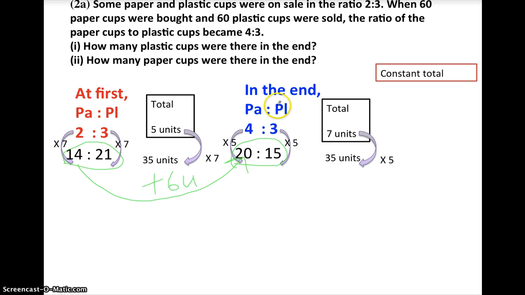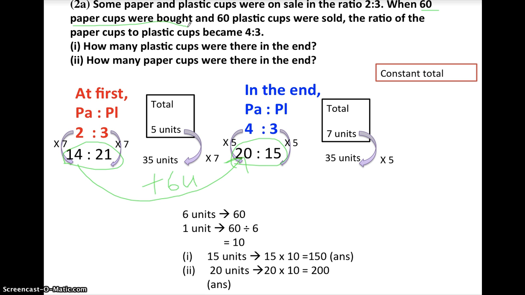And if you look at the question, it says that 60 paper cups were bought, which means that the 6 units represents 60 paper cups. So we can find 1 unit. And to find plastic cups in the end, plastic cups would be 15 units here. And to find the paper cups in the end, it would be 20 units.